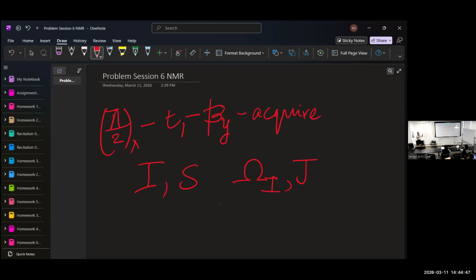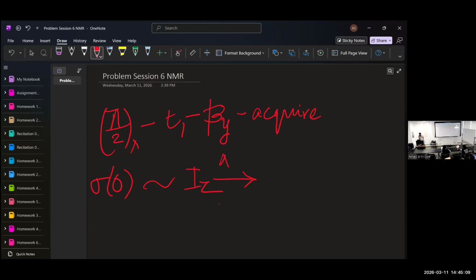But assume for a moment that you start with Iz, because for Sz the calculation will be exactly equivalent as long as they both have one J coupling relative to each other. So I'm going to assume that my time 0 density operator is proportional to Iz.